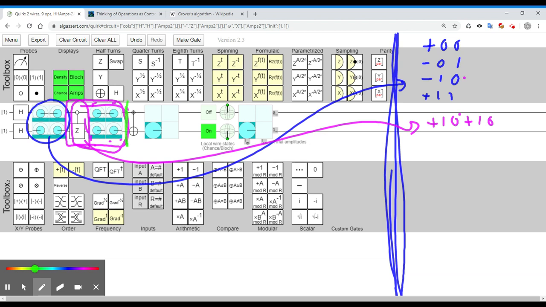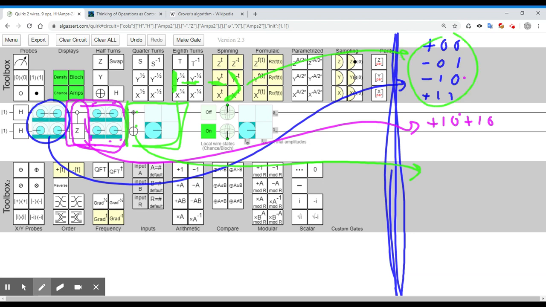And now we're going to do that, which basically, as Craig says, flips the sign of that particular direction, which in this case is a minus minus, which happens to be this part. So what this does is minus 0 0 plus 0 1 plus 1 0 plus 1 1.